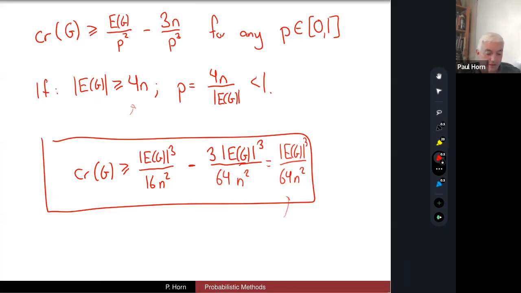So this gives actually the proper rough scale behavior on this crossing number. Again, it's just an example of how I can use these ideas to understand things. So did that make sense, Shaheen? This was your question.